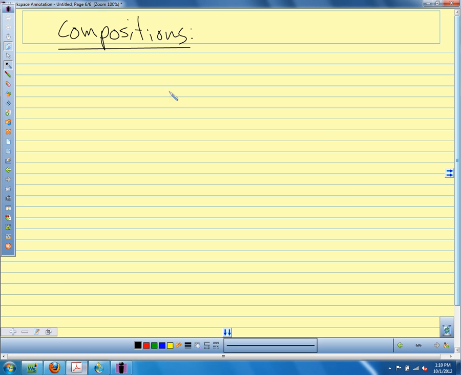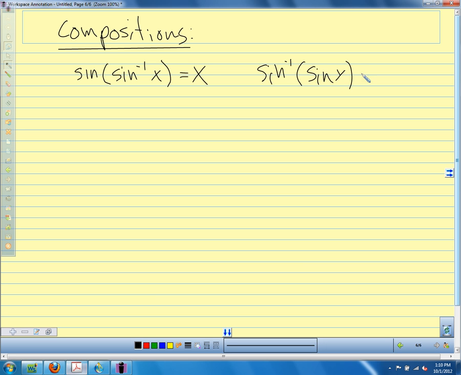So I'm going to say that the sine of the inverse sine of x equals x, and the inverse sine of the sine of y equals y.